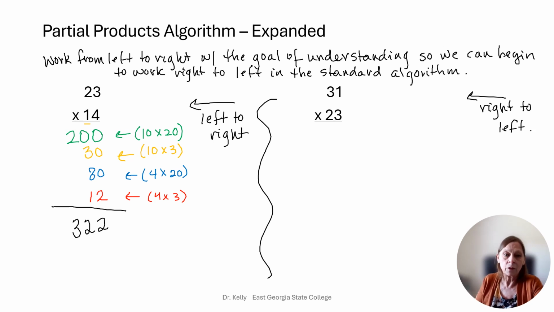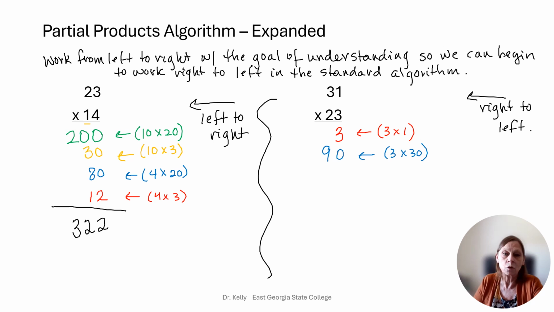So that means that we're going to start off with the 3 times 1. 3 times 1 is 3. Then our next one is going to be 30 times 3, which is 90. So we're going to say 3 times 30. Now we're done with the 3.